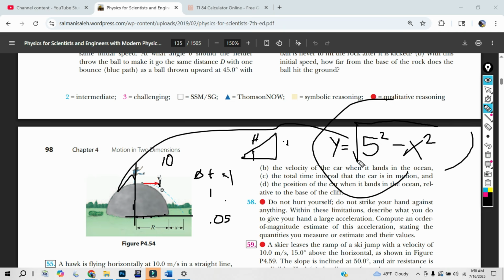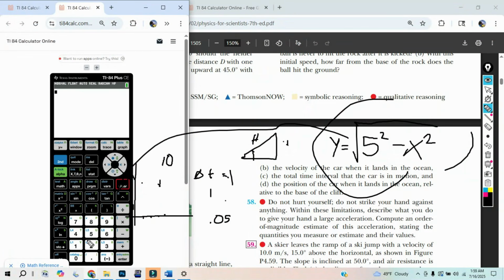So I have the square root of 24. We're going to break out the calculator. We have the square root of 24, and then I have to do 5 minus that answer. So this is the first thing we've actually done. So 0.10.